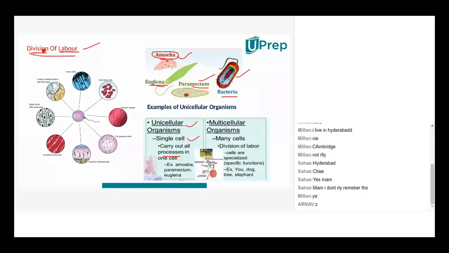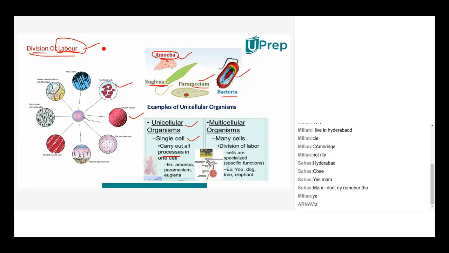That's called division of labor. For example, you take circulation. The RBC cells will be involved in circulation. If you take smooth muscle cells, these are involved in movement, contraction, relaxation. You are having the workforce divided between various cells like this. This we call division of labor.